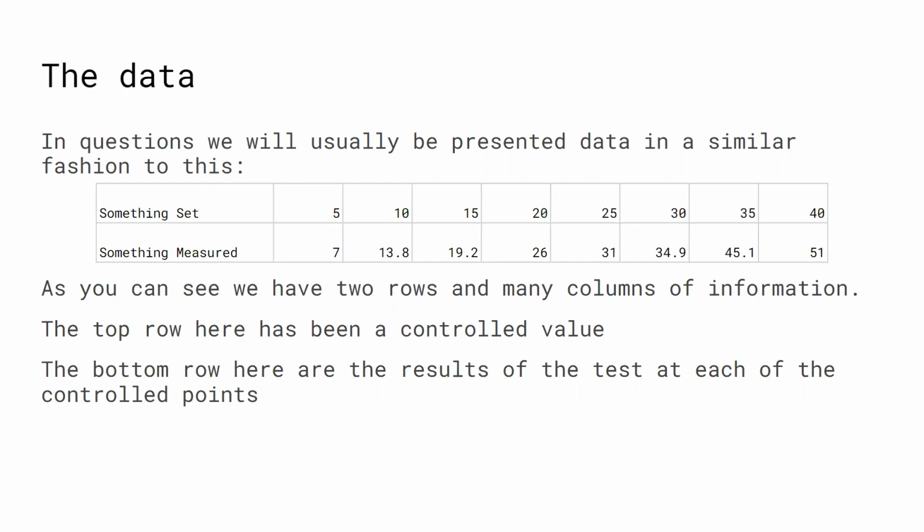So you can see a very regimented increase in my measurements. I'm taking a 5, a 10, a 15, a 20. So that's set. Now, the bottom row here are the results of the test at each of those controlled points, and they look a little bit more random. So these are the values we're going to plot on our graph.